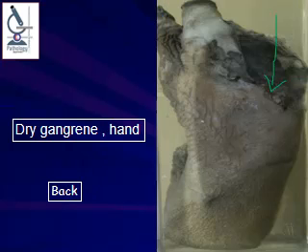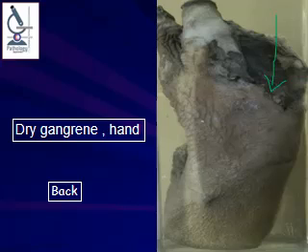And then here we can see that the line of demarcation between the gangrenous part and the viable tissue is well defined. This is very characteristic in the description of dry gangrene anywhere. So again we have dry gangrene in the hand showing loss of the medial 3 fingers and the distal part of the index finger.